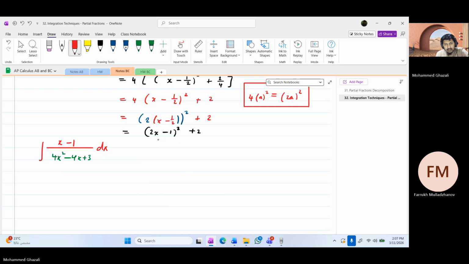So we're going to say let u equal 2x minus 1, so du is equal to 2 dx, okay? But now I can't solve this integral.